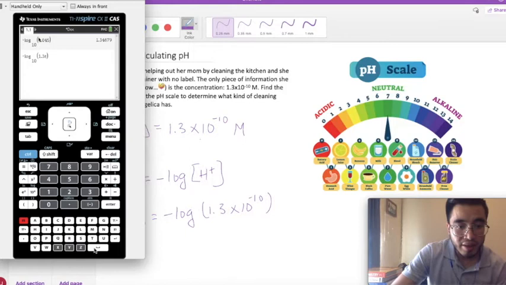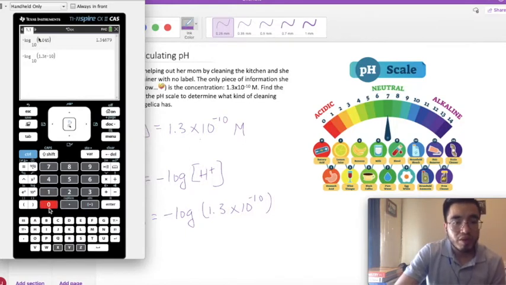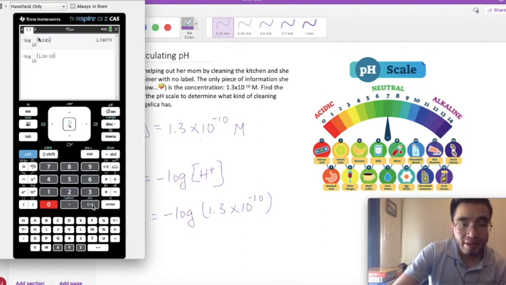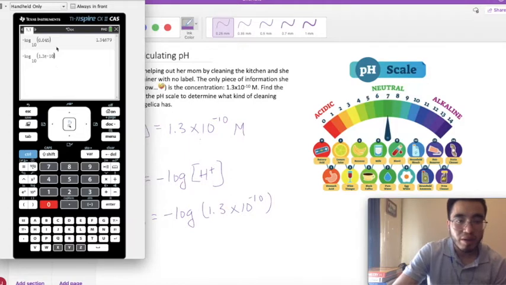Then negative 10. One thing I want to point out, don't confuse the negative with the minus. The minus is a mathematical operation, and the negative key will give a negative sign. If you use the wrong one, it might mess it up. And then enter. So the pH is 9.88. We're going to round to 9.9.